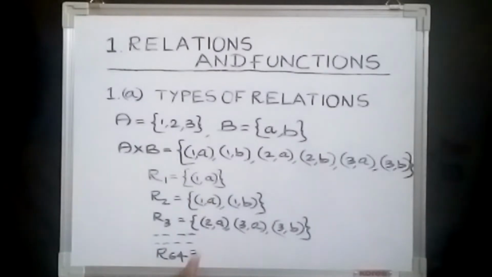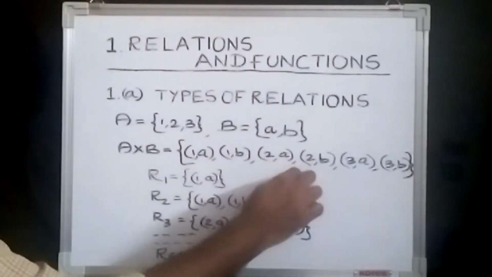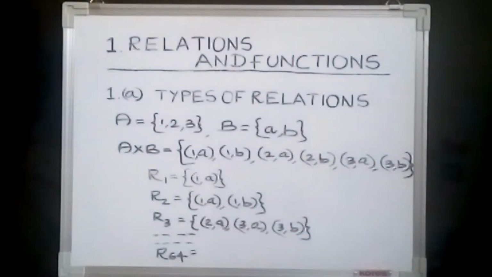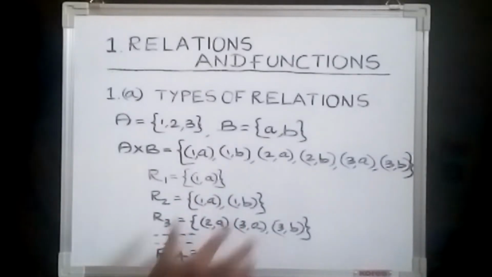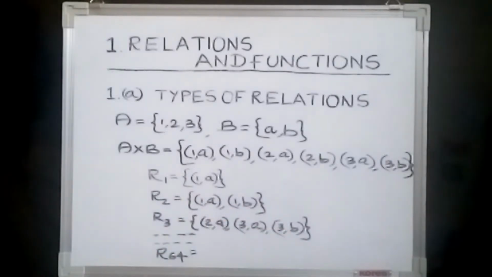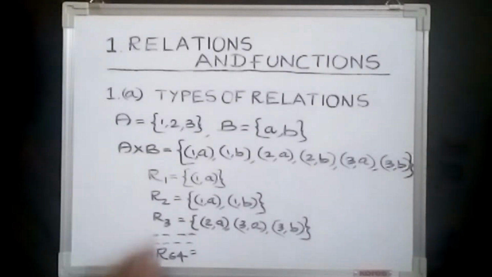We can take other subsets like {(1,b)}, {(2,a)}, {(2,b)}, etc. And similarly, R2 is a subset which contains 2 elements. There are many other subsets too which contain 2 elements. And R3 is a subset which contains 3 elements. We can write up to R64.